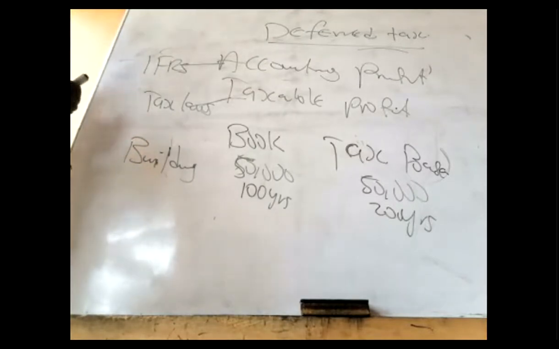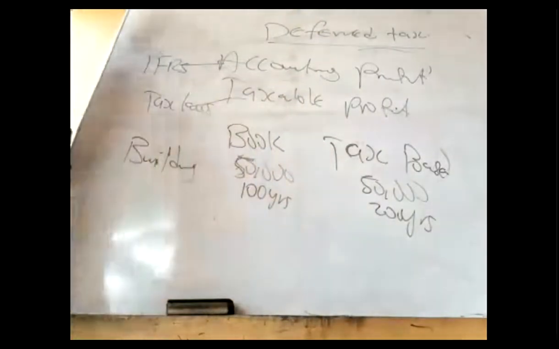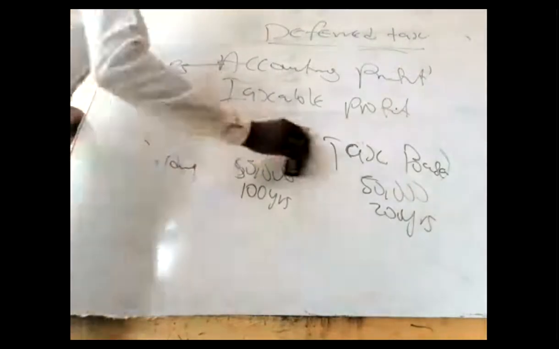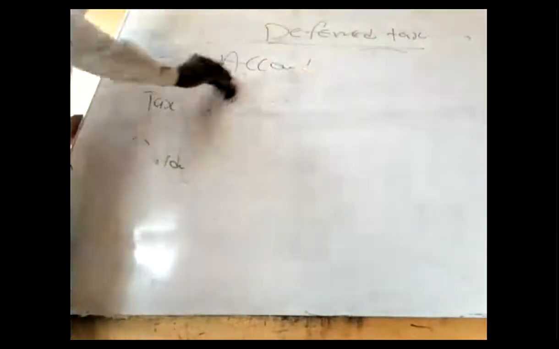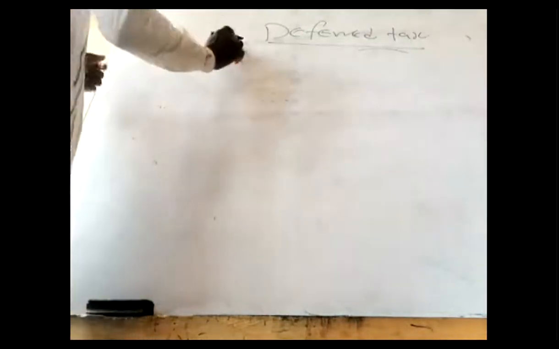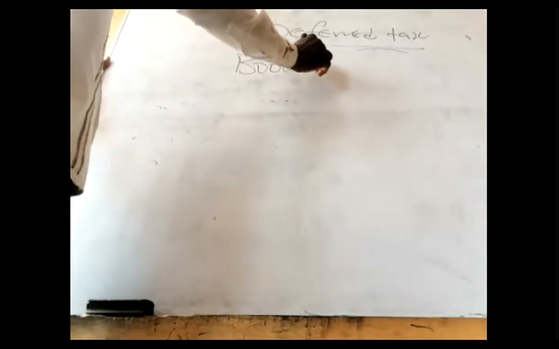So the temporary difference is just the difference between the book value, or the current amount of an asset, and its tax base. So let me form a nice table here, because a temporary difference creates deferred tax. We have what you call book value.